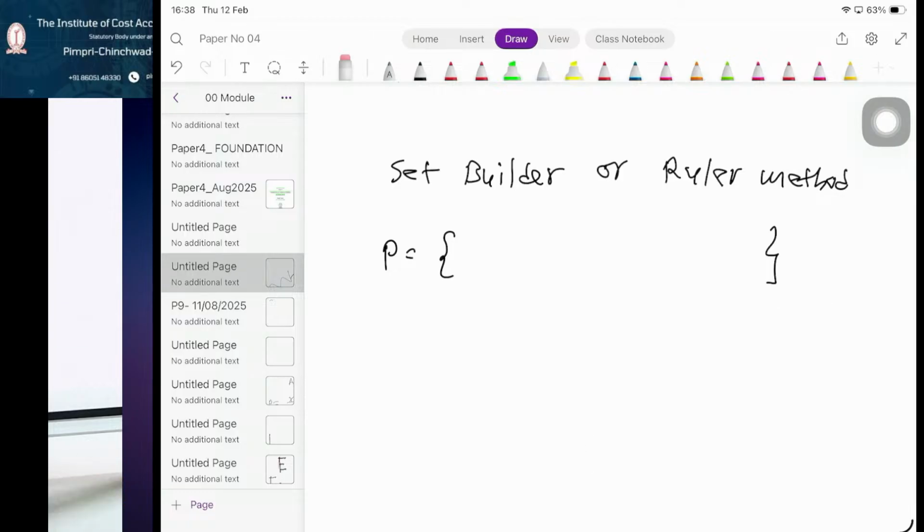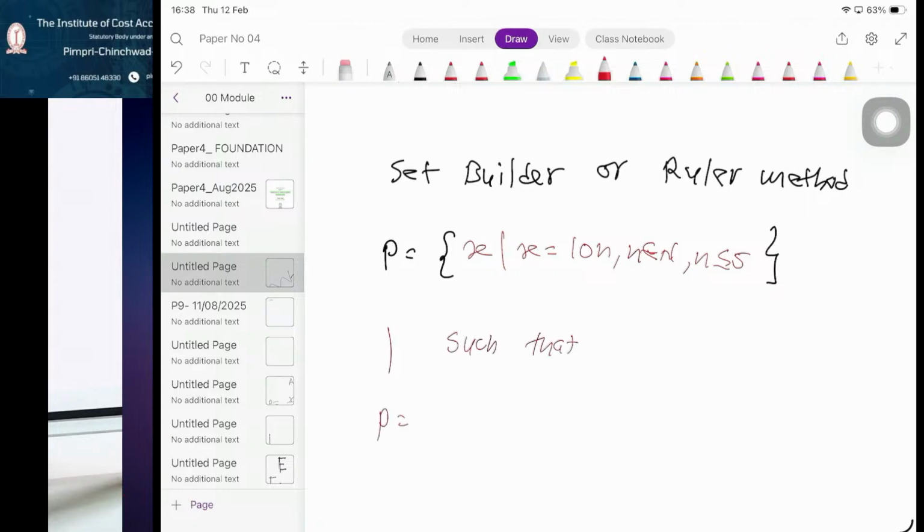P is defined as x such that x is equal to 10n, where n belongs to natural numbers and n is less than or equal to 5. This symbol is called 'such that'.